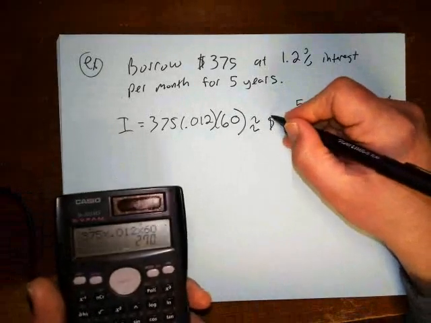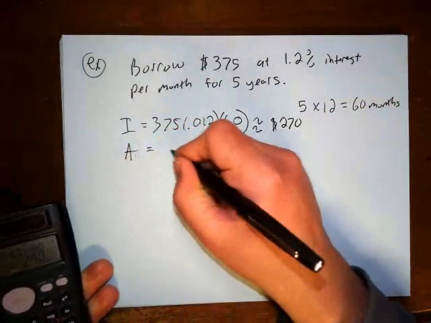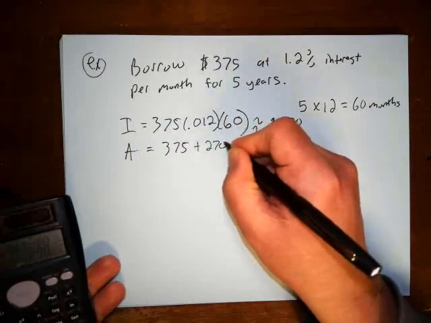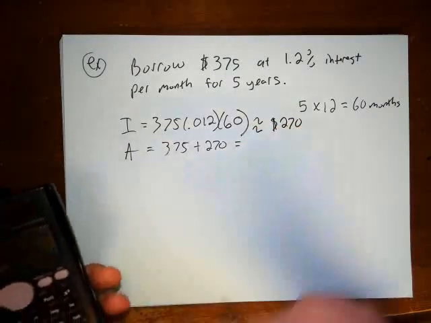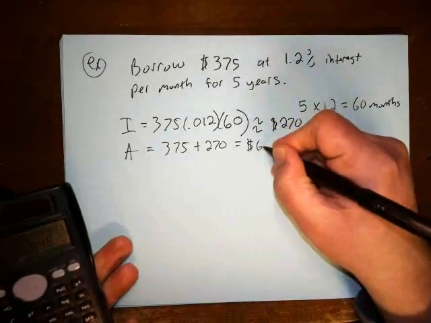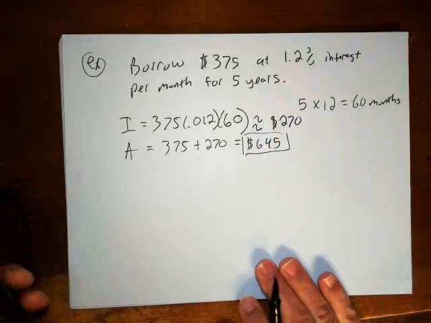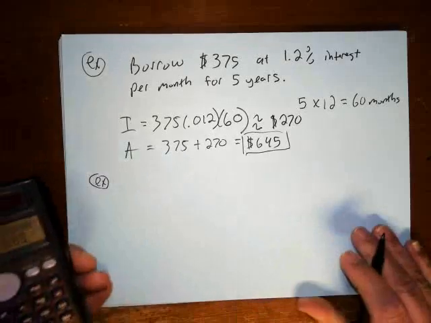And that's like $270. So the amount that I owe when that loan matures would be $645. Okay. We'll do one more here.